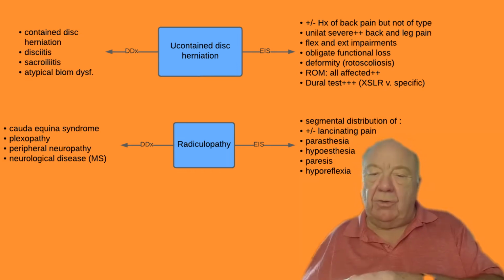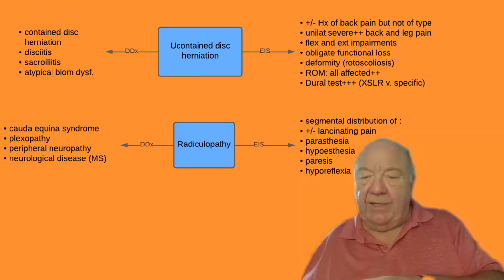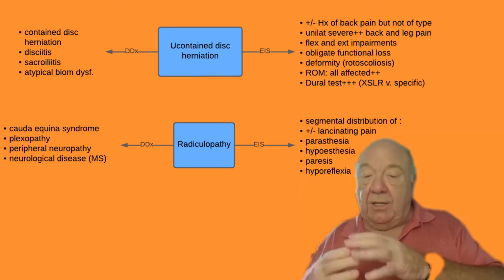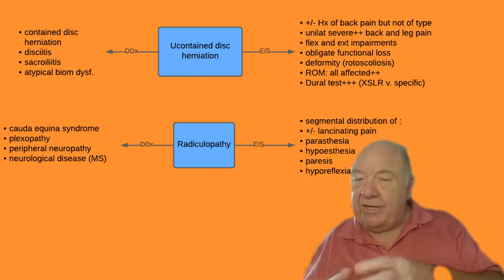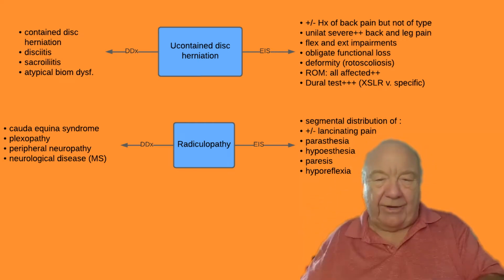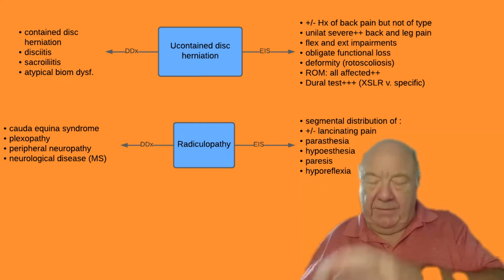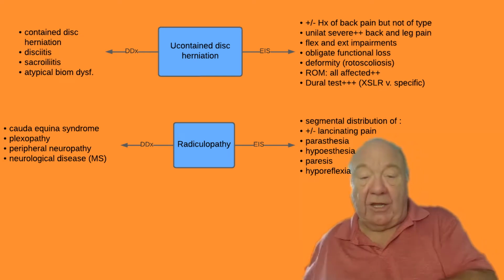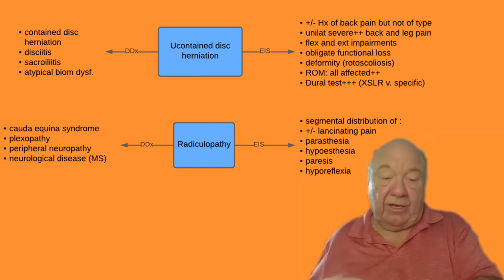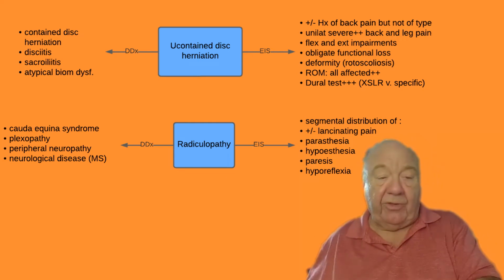Certainly hard neurological signs such as sensory and motor loss would indicate radiculopathy, but lancinating pain, that neuropathic electric shooting pain, means that the nerve has been damaged. So this is pathognomonic of a radiculopathy, at least a radiculopathy, if not multiple radiculopathies.